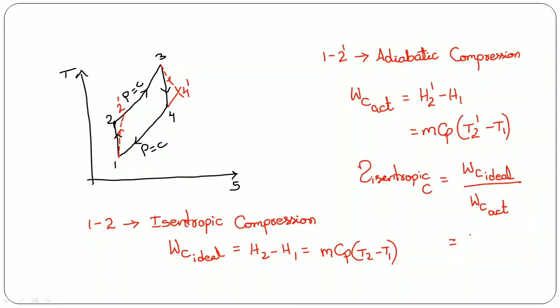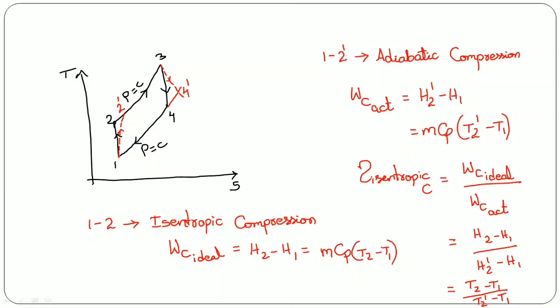Now from this, ideal work done is H2 minus H1 by actual work input, H2 dash minus H1. We can also write this as T2 minus T1 by T2 dash minus T1. So this is the isentropic efficiency of the compressor.